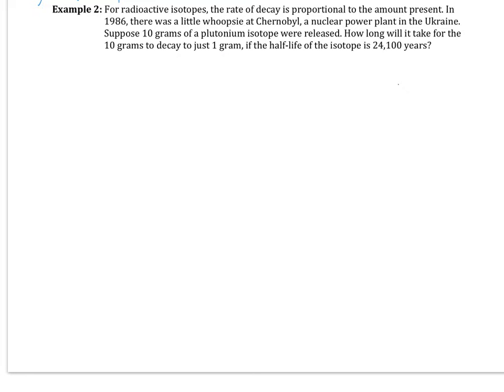Okay, example 2. For radioactive isotopes, the rate of decay is proportional to the amount present. I'm going to pause right there because you can read the rest of this, but this is what we're looking for. The rate of decay is proportional to the amount present. That tells us that the rate of change of quantity y over time is proportional to the amount present.